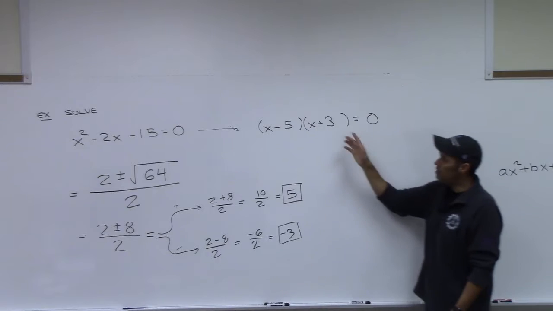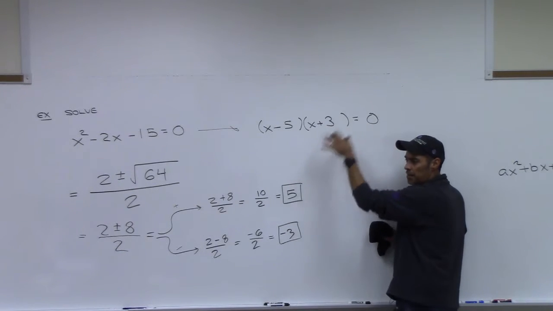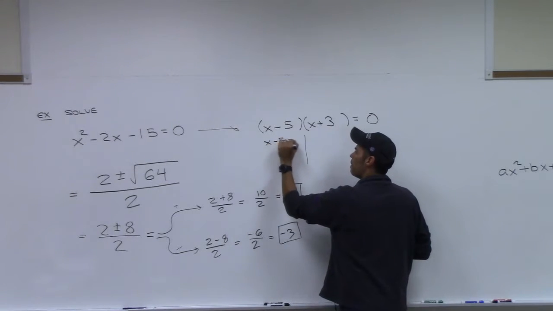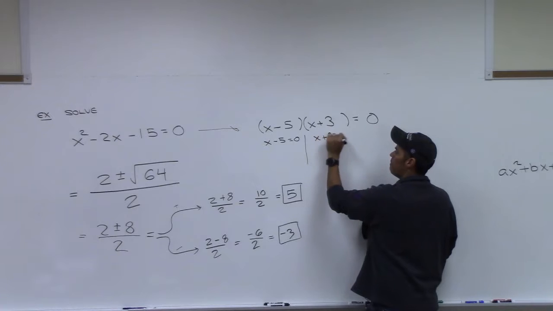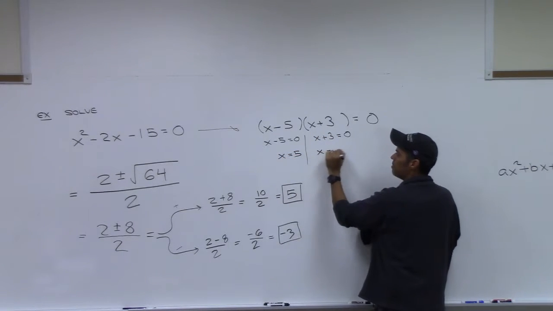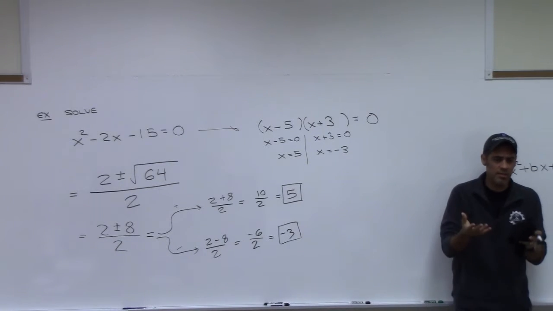And then we talked about this. This was called the zero factor property. If two things multiply to be 0, you set them each equal to 0, right? So if I set this first one to 0 and set the second one to 0 and add 5 to both sides, I'm going to get the same two answers, right? Okay, so this is going to depend on you.